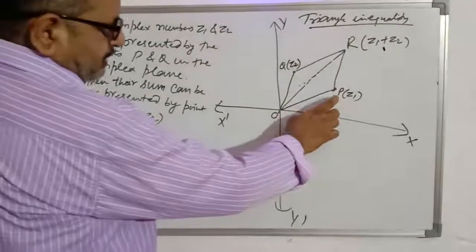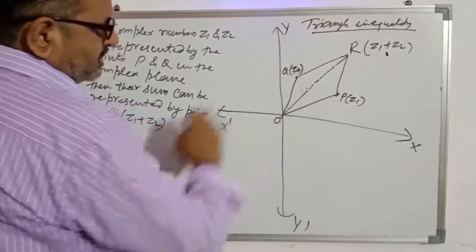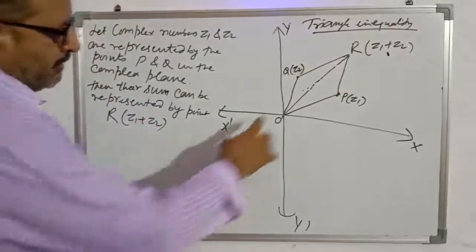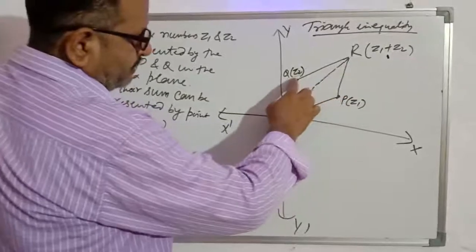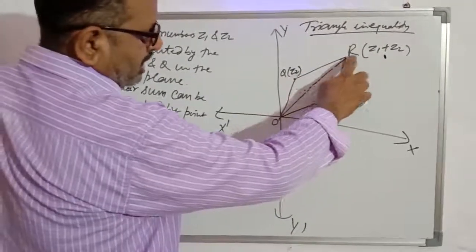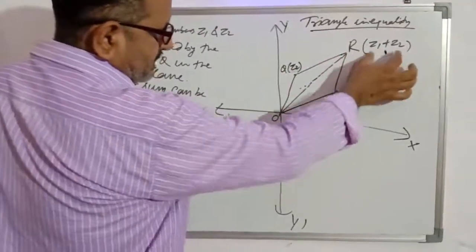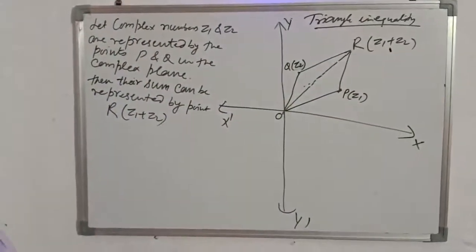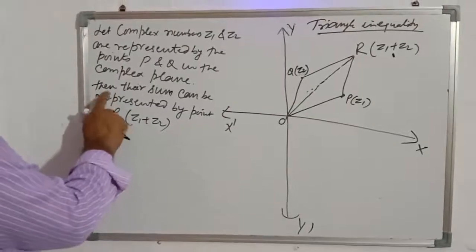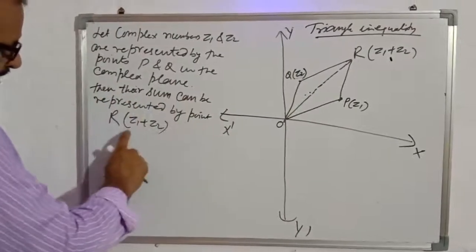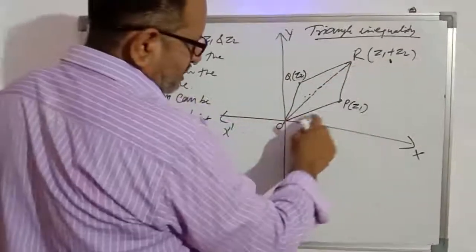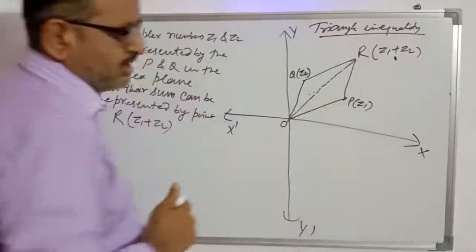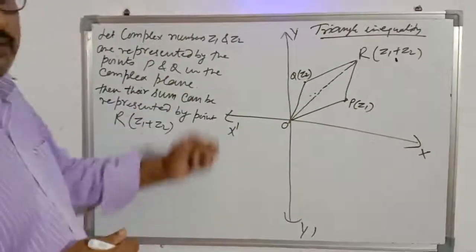P represents Z1, Q represents Z2. Then by completing a parallelogram, we get the point R, which will represent their sum Z1 plus Z2. We have discussed it.